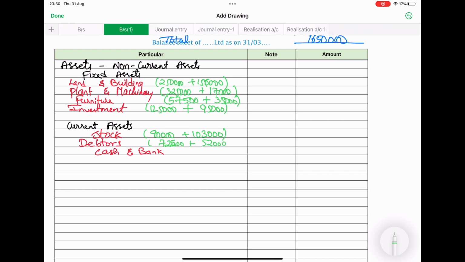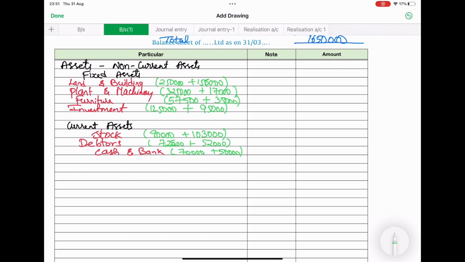Next, cash and cash equivalent 70,000 plus 50,000. Okay, these are the assets we have. Now we are going to add those values. I have not entered the values yet, I have just written the items.